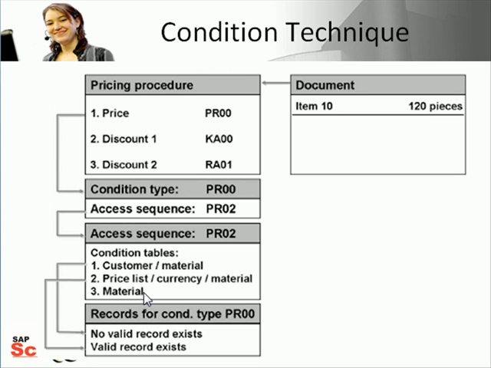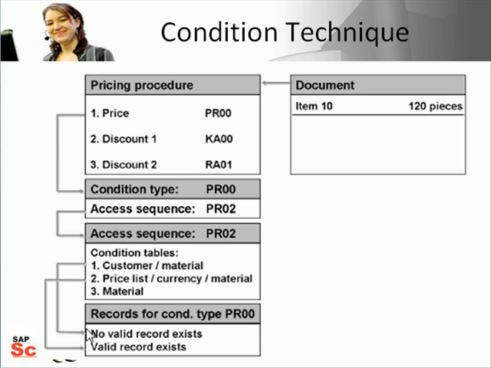If you recall, when we went to maintain the PR00 price, we got three options, and we chose to maintain the price at direct material level. We could have also maintained it for the other two levels. What the access sequence does is go to level 1 and see whether there's a price. If it doesn't find it, it goes to the second one and then to the third one.